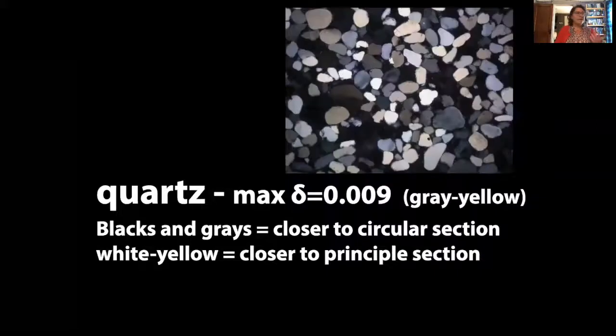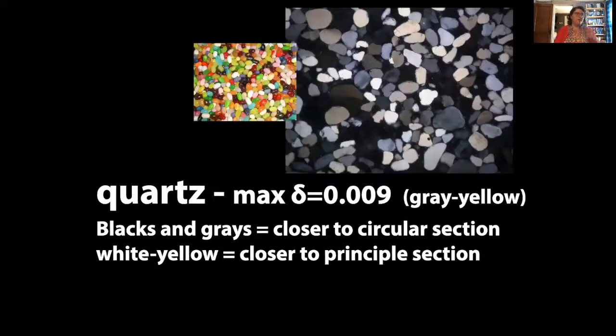Okay, so as an example, here's quartz, there's the jelly bellies. If we just took this and sliced it through exactly as those jelly bellies are randomly oriented, we might see something like what we see in this quartz thin section, where we have blacks and grays, which have very low birefringence, which means they are close to the circular section where the light is seeing very similar indices of refraction.